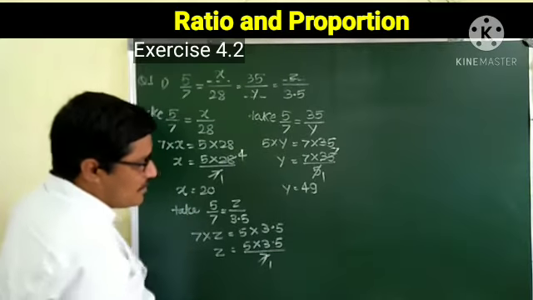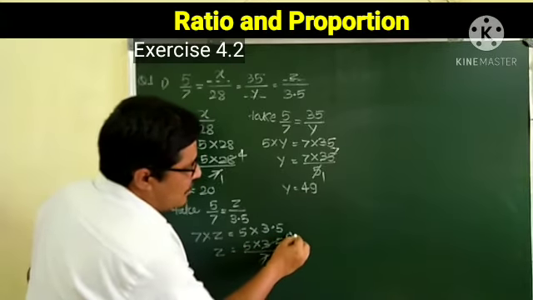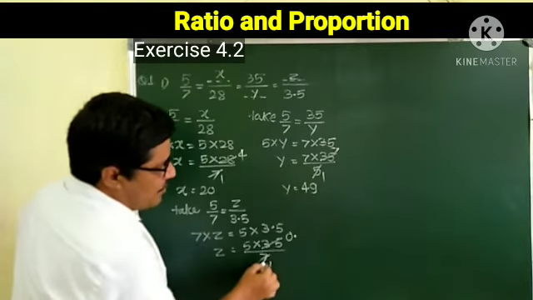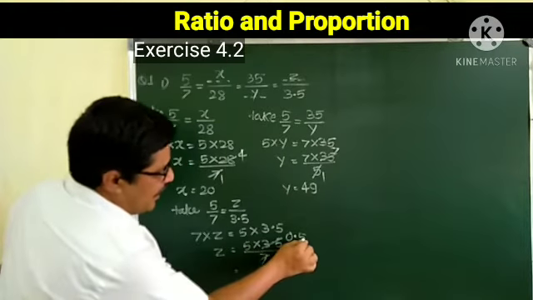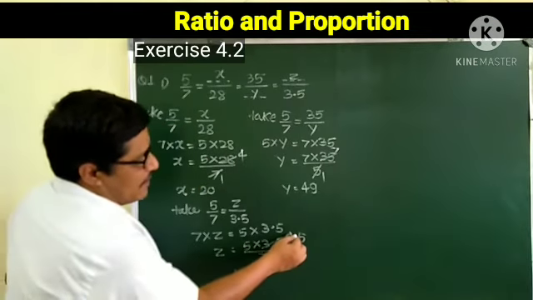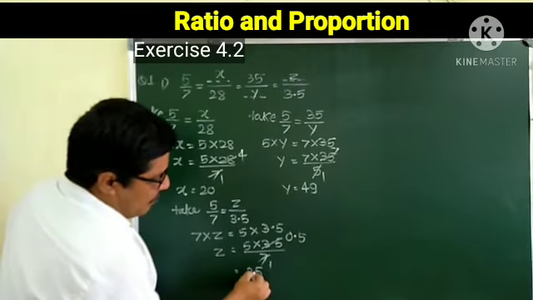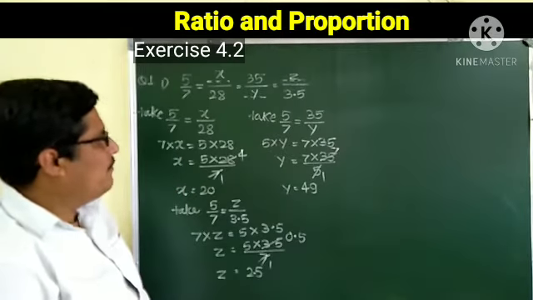So 7 ones are 7. Here we cannot divide it, therefore 0 decimal point. 35, 7 5s are 35. So 5 into 5, 25, and decimal point we have to place here. So z is equal to 2.5.